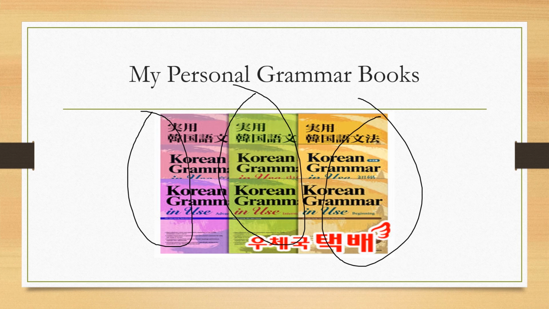So once again, I have all three of these books, and this is where I've learned my grammar, and I still consult these books to this day. And I have no affiliation with these books. I'm not marketing them at all. I personally recommend these books. If you want to really understand the grammar, not just pass the test, but really understand the grammar and integrate it into your everyday Korean speaking, these are the books to go with.